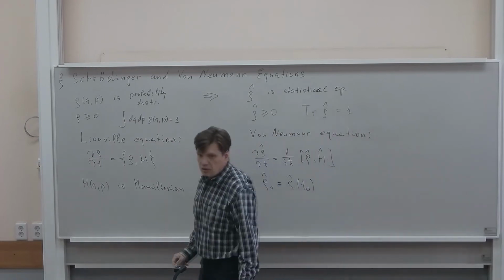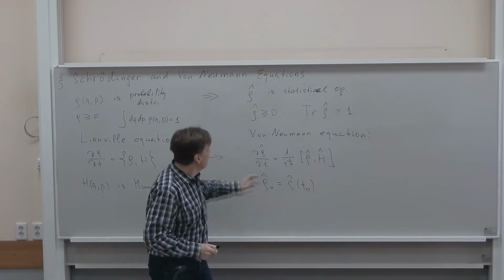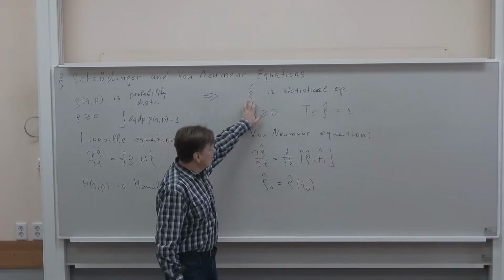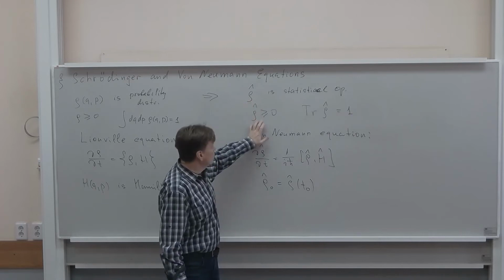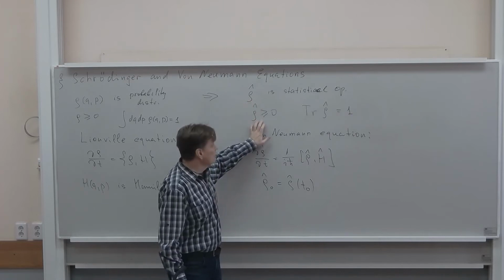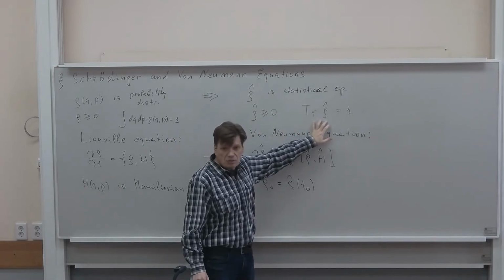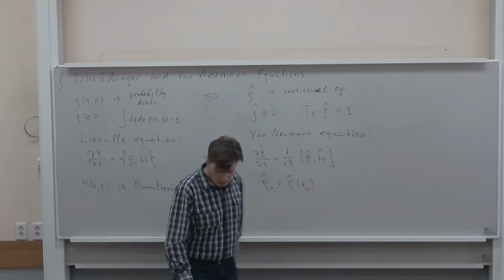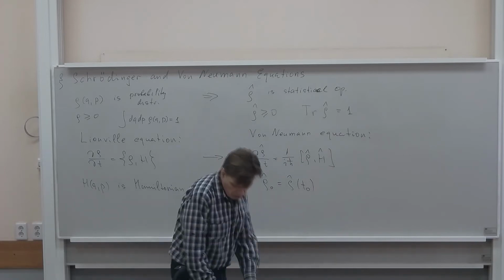And what are these properties? Do you remember? Operator rho should be Hermitian, it should be positive semi-definite, and satisfy the normalization condition. Okay, let us start with Hermiticity.